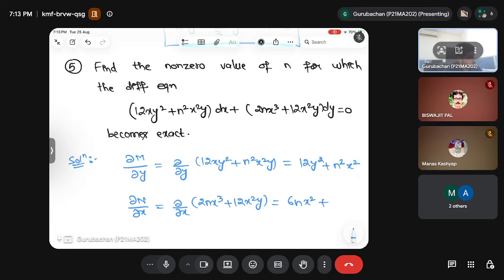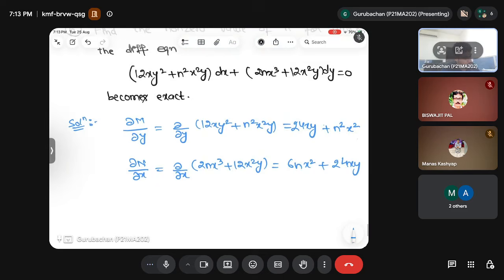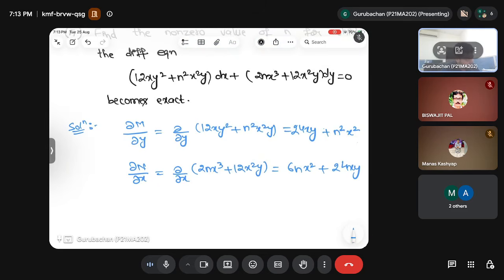plus 24xy. We are differentiating with respect to y, so 24xy. So if the equation is exact, then del m by del y must be equal to del n by del x.